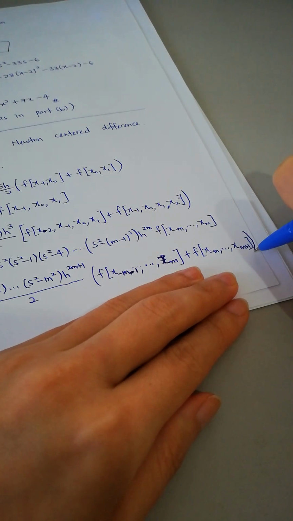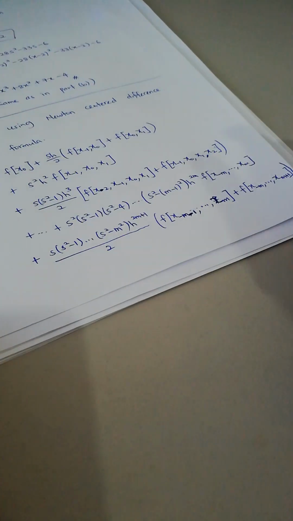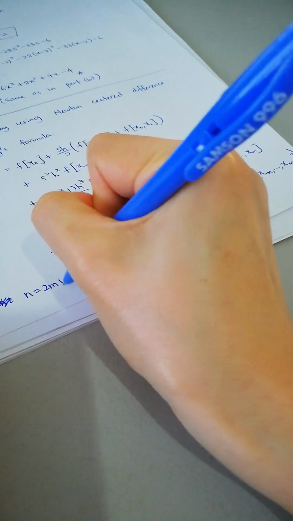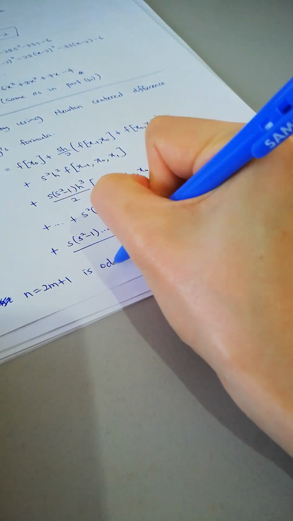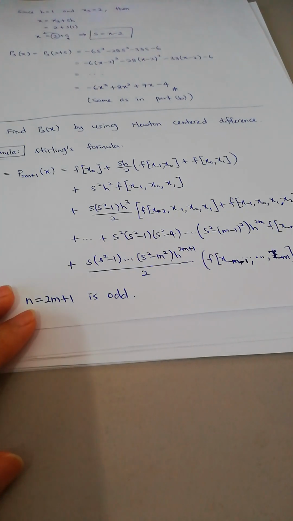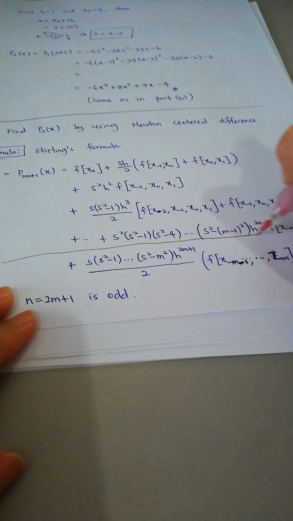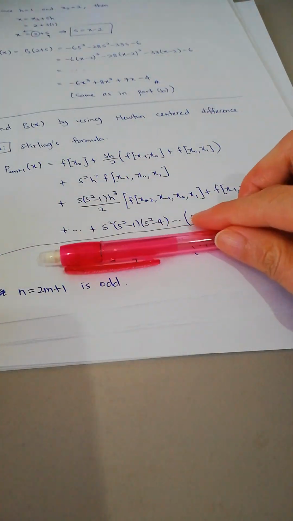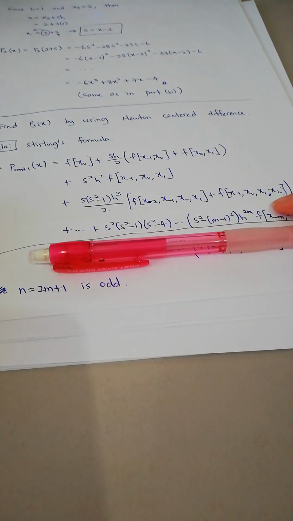Now this one is if your n is equal to 2m plus 1, which is odd. If it is an even number, you only do until here. You delete the last row, so that means it's until here for n equal to 2m, an even number.